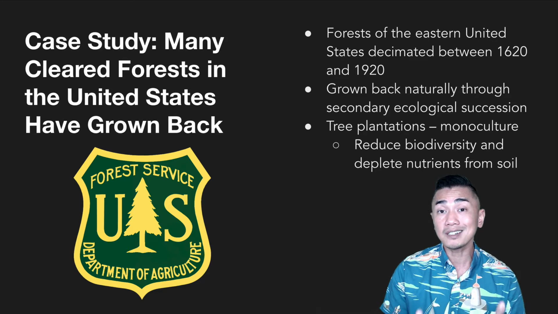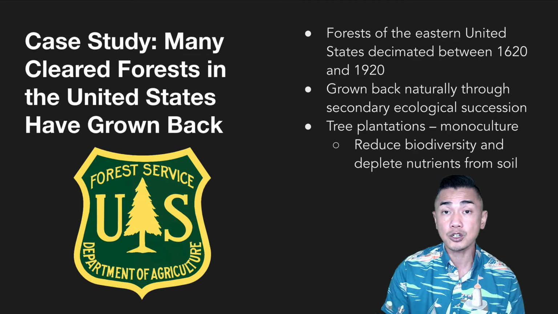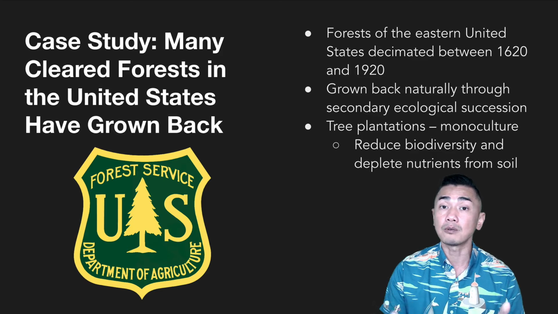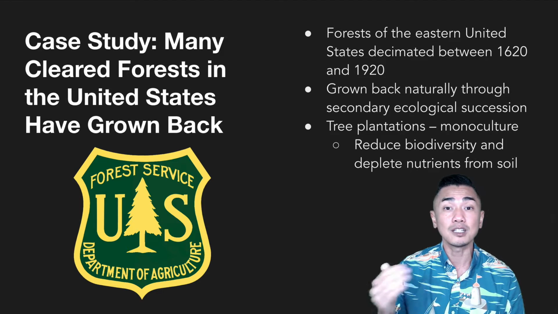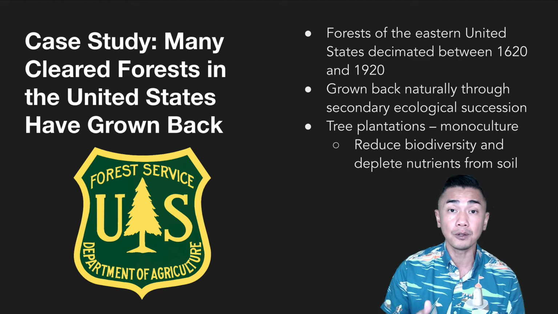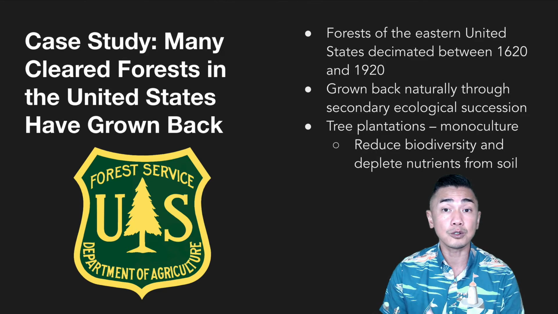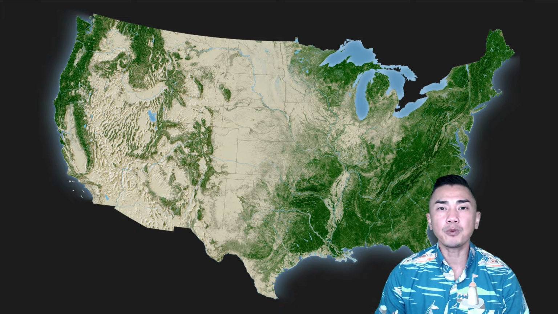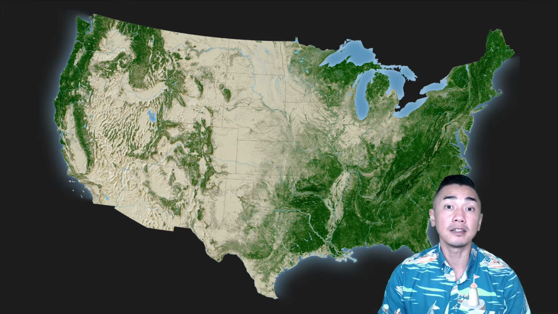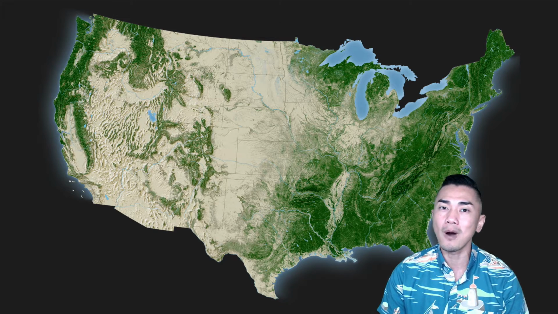Unfortunately, we do need to consider that tree plantations are monocultures that reduce biodiversity and deplete nutrients from the soil. When trees are cut and removed, they take the nutrients with them. This is a map of where we have forests today in the contiguous United States, not including Alaska and Hawaii.